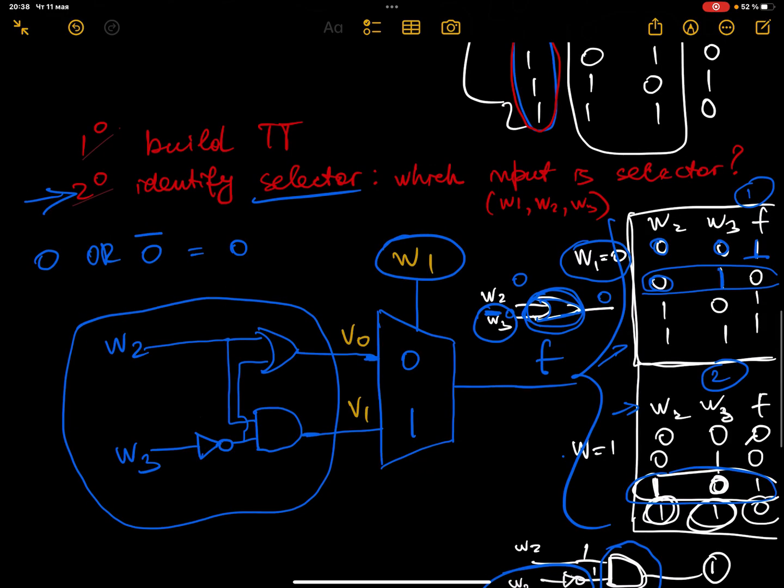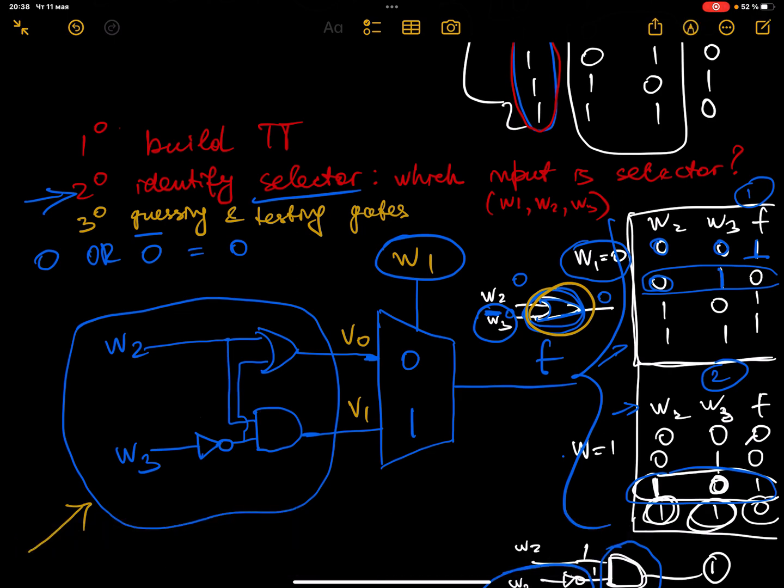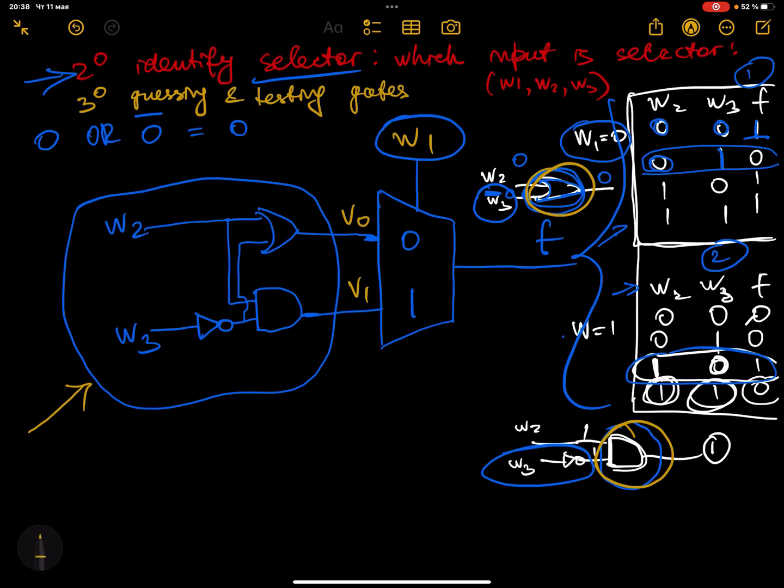Most of the time, you're going to build such circuits by guessing and testing gates. And by gates I mean not only this AND gate and this OR gate, but also whether the input is negated or not: negations, and OR gate or AND gate, etc.